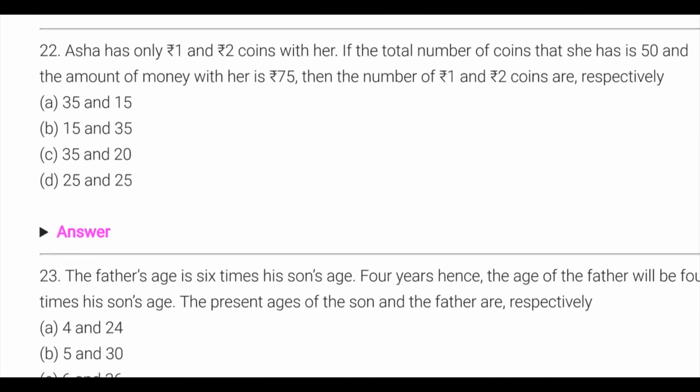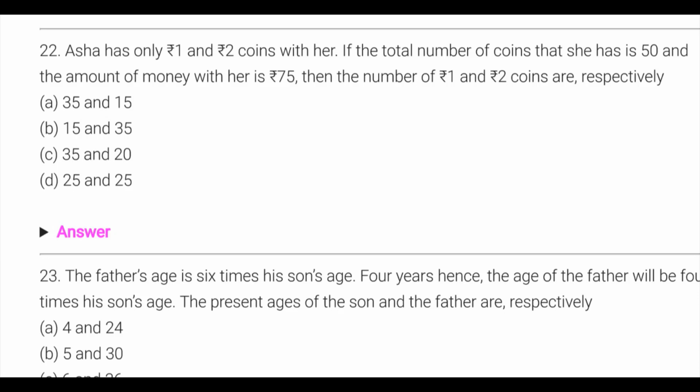Here we have the word problem. Asha has only 1 rupee coins and 2 rupee coins with her. If the total number of coins that she has is 50 and the amount of money with her is 75, then the number of 1 rupee and 2 rupee coins are respectively?